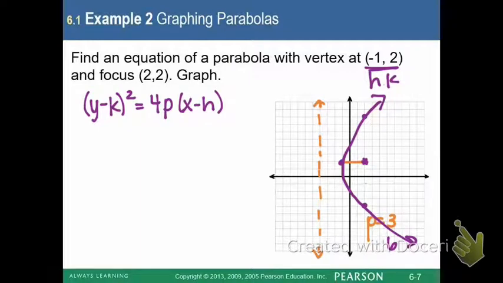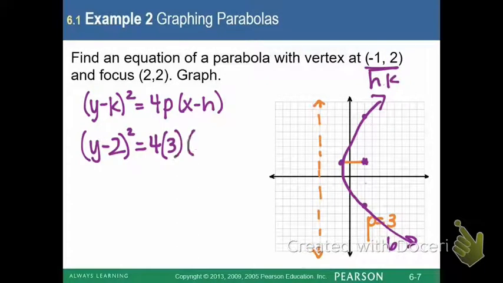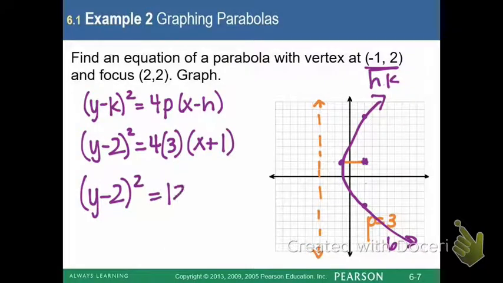So careful, y is first here. So it's going to be y and then minus 2 squared equals 4 times, we said p was 3. And then x, it's going to be plus 1. Remember, we switch our sign. So my final equation is (y minus 2) squared equals 12 times (x plus 1).